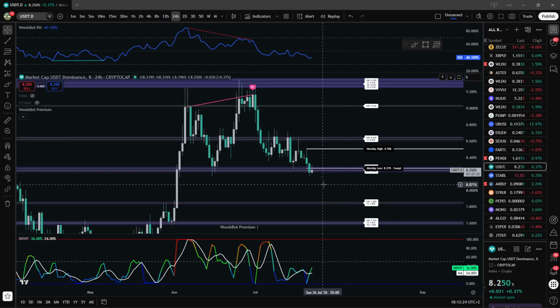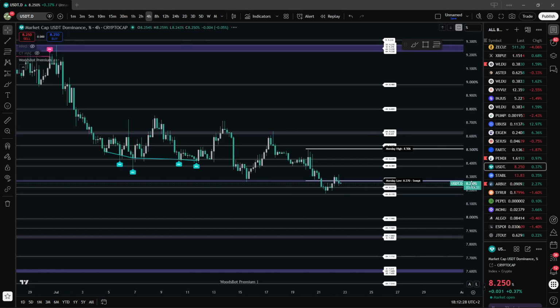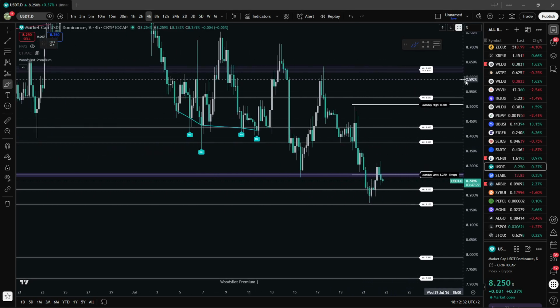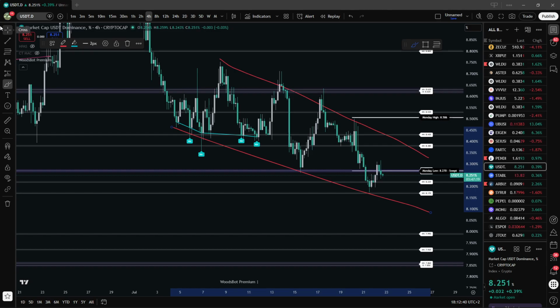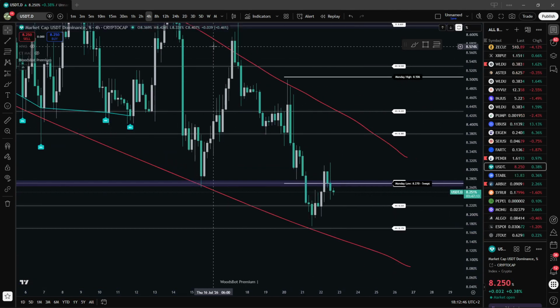I mean, yeah, USDT dominance is not looking good as well, right? It's still downtrending. If you look at this 4-hour market structure, it's in a complete downtrend. Yes, there are bounces in between, but based on the market structure, it's in a downtrend. The question is, can USDT dominance hold this 4-hour supply?